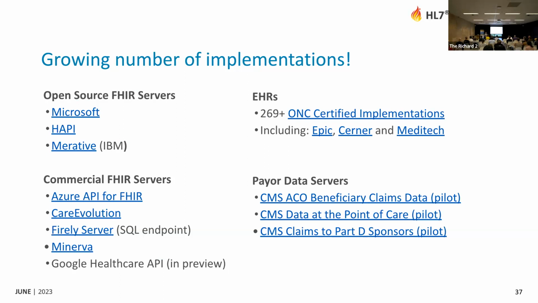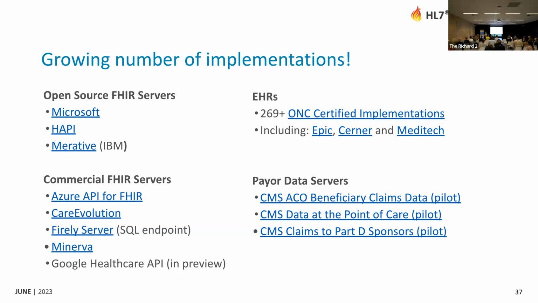So that's really great. There are a lot of commercial FHIR servers, including one from Firely, our host for this conference. And then on the EHR side, because bulk data support is required for certification in the United States, many EHRs have added bulk data support in the last couple months. The requirement went into effect at the end of last year.